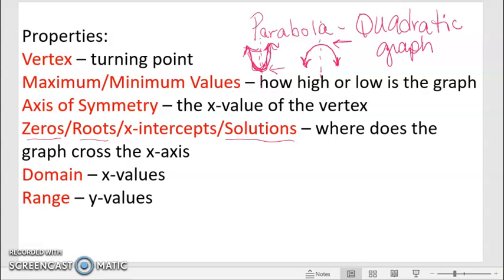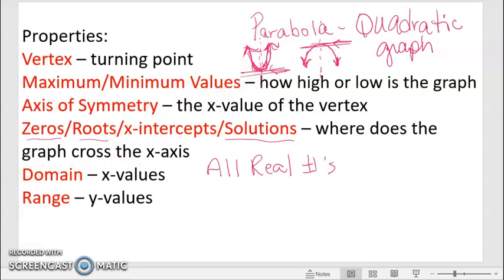Domain for parabolas is going to be all real numbers. Each one of them, the x keeps going. It's not going to change. All real numbers. However, the y, or the range, will be determined by the maximum or minimum values.